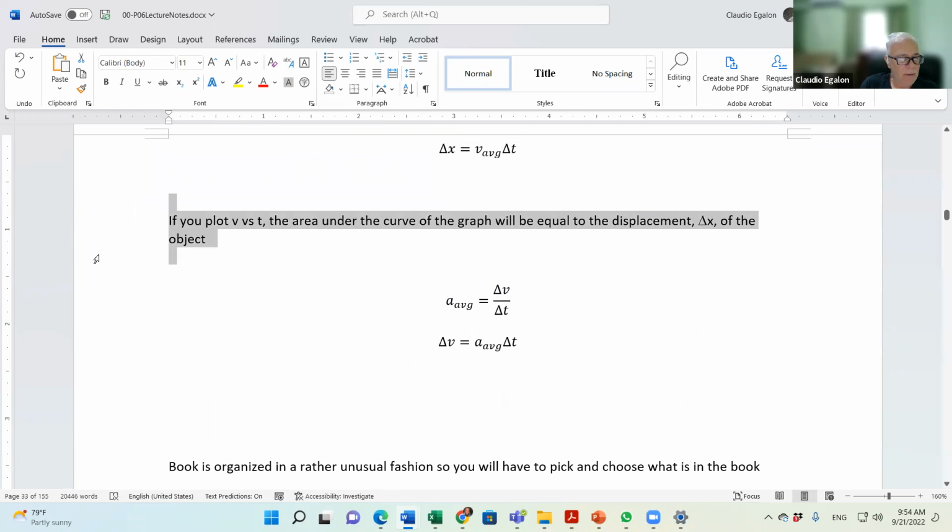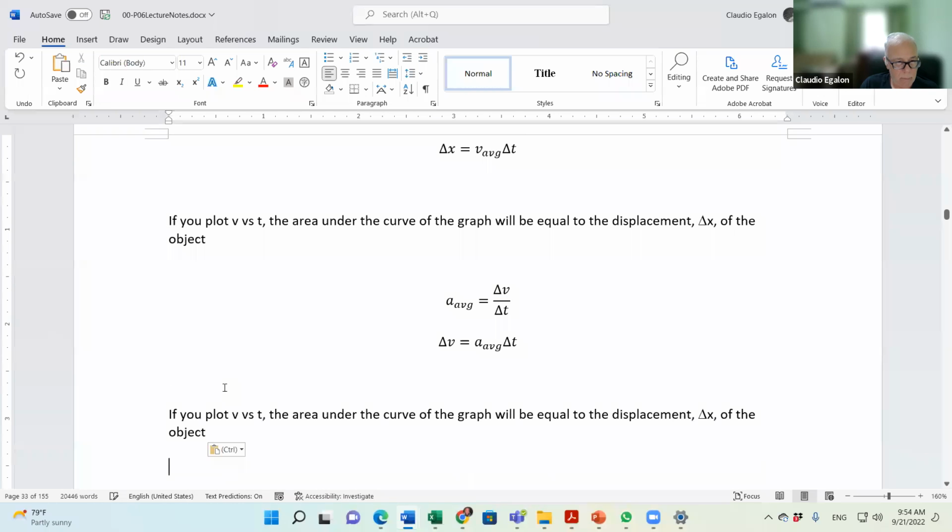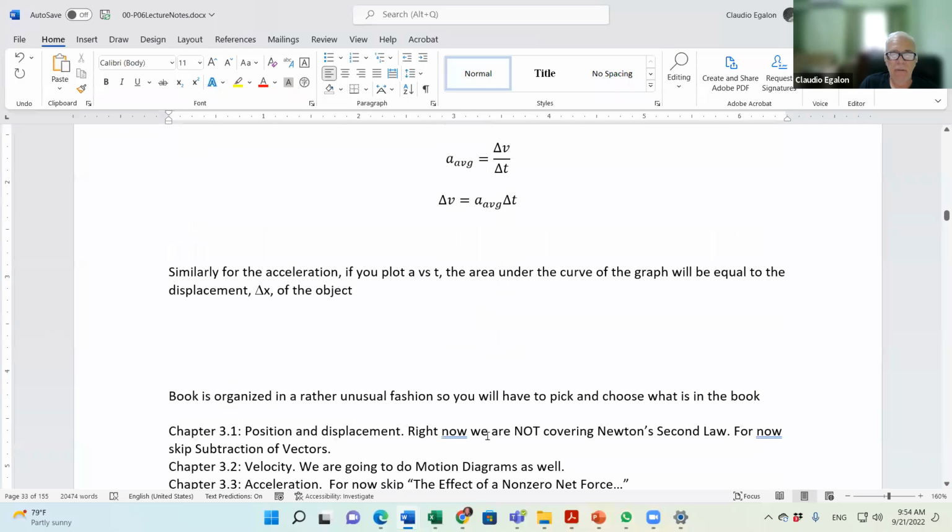Similarly, for the acceleration, if you plot a versus t, the area under the curve of the graph will be equal to the change in velocity, delta v, of the object.